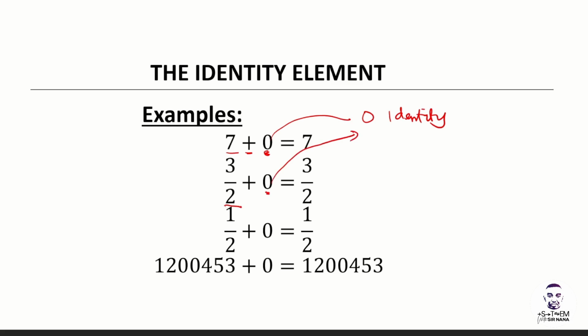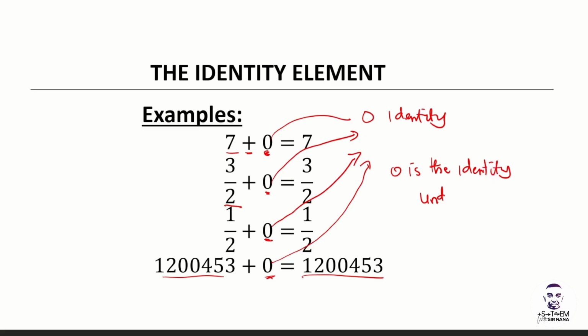And even for larger numbers like 1,200,453, when we add 0 to it, we get the same number. So 0 represents the identity. We can see that 0 is the identity under addition.